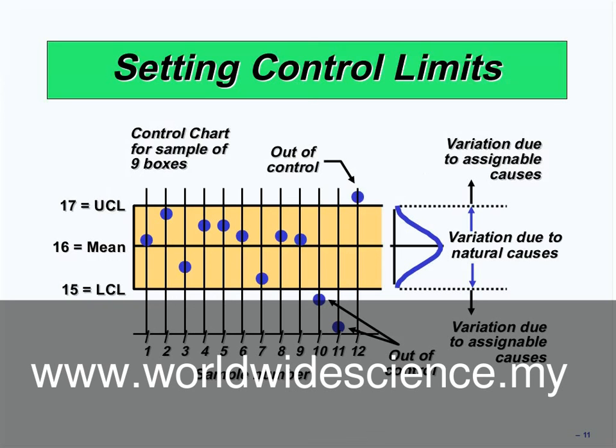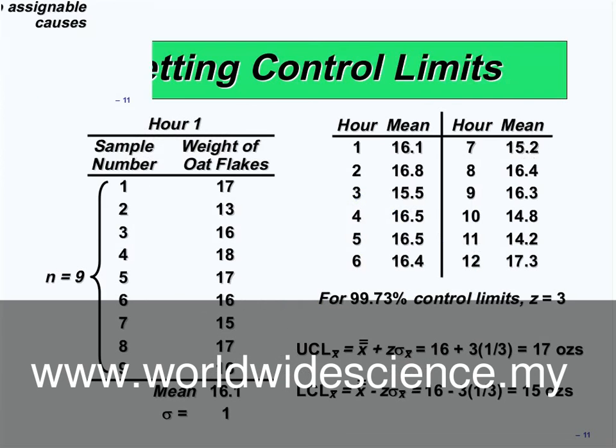For example, in sample number 1, the mean was 16.1. Do you remember? Please look at it. For sample number 2, the mean was 16.8. We should mark this point here.